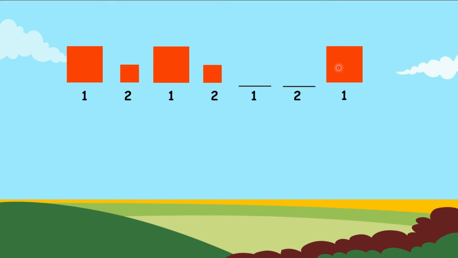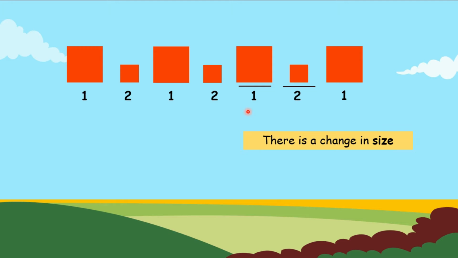So we will get number 1, number 2, number 1, number 2, and number 1. What shapes do we put on this blank? Yes, good job. A big square and a small square. There is a change in size.